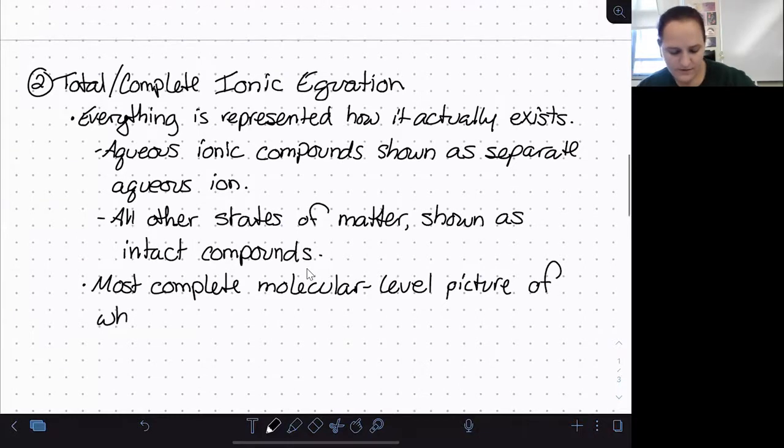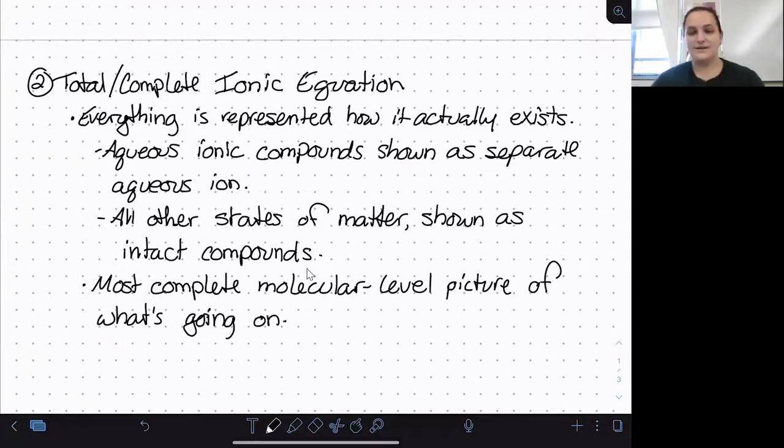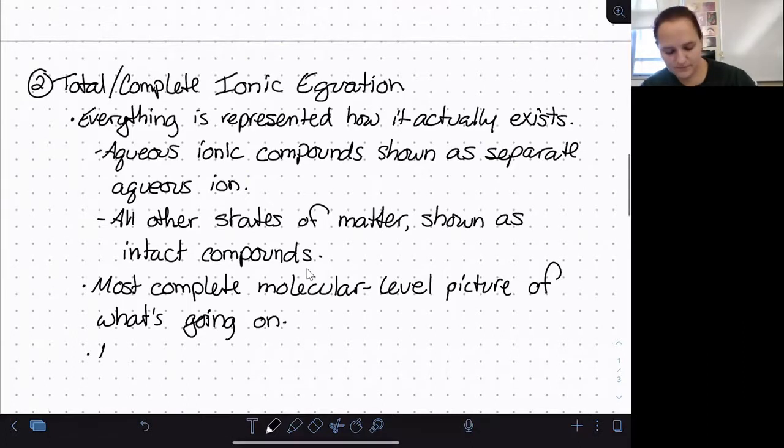It shows you every single thing that's in your container in the state that it actually exists, that, you know, your sodium chloride has separated into sodium ions and chloride ions, so we write them as two separate things. But the drawback here is that they're really long and cumbersome. So they're long to write out. You'll see shortly. These guys can be kind of a pain.